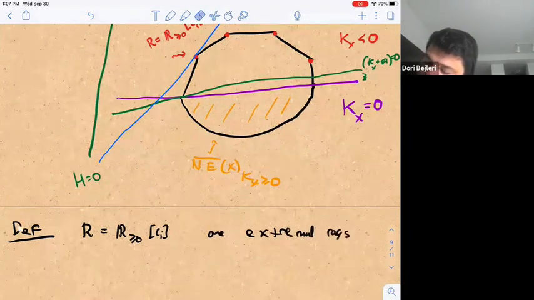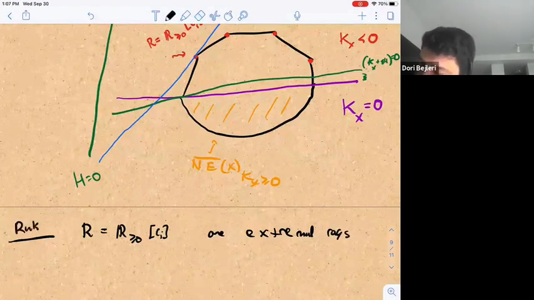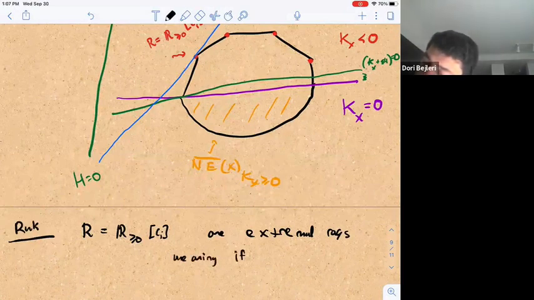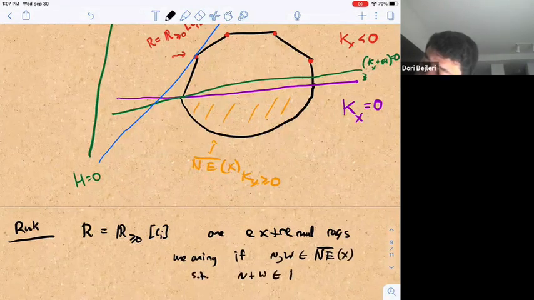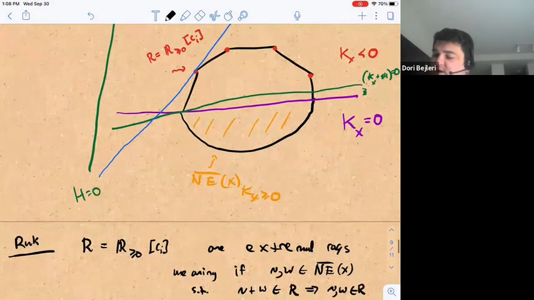Or maybe I should say this is a remark, not a definition, meaning that the definition of extremal that I gave before was that if I have V and W that are in my cone, and I know that V plus W is contained in the ray R, then both V and W are contained in the ray. So that just means that they're on the boundary of the cone.